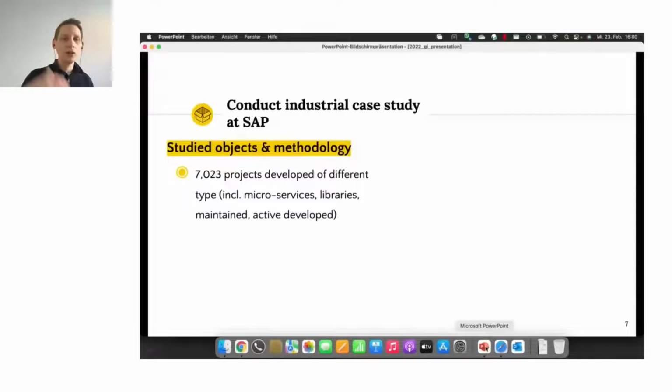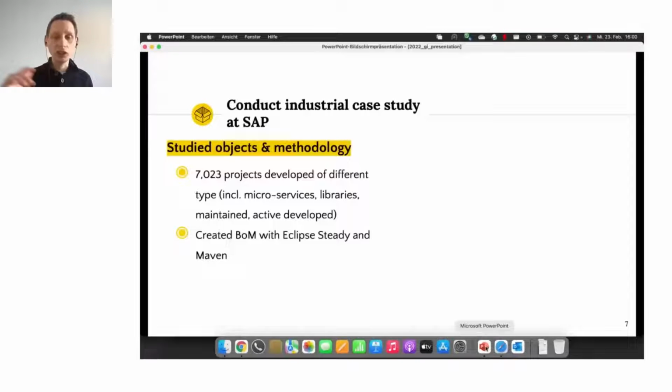And for each of these projects, we computed the complete bill of materials. So this is a list of open source packages each software includes. And to do so, we used the tool Eclipse Steady and the Maven Central resolution process to get all information about the included open source packages.